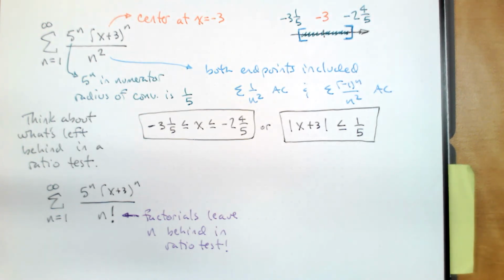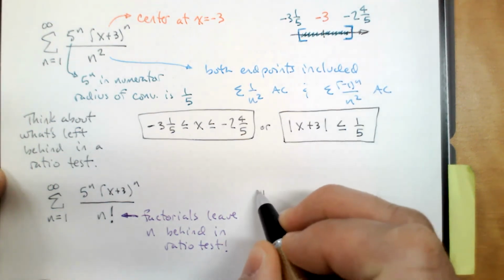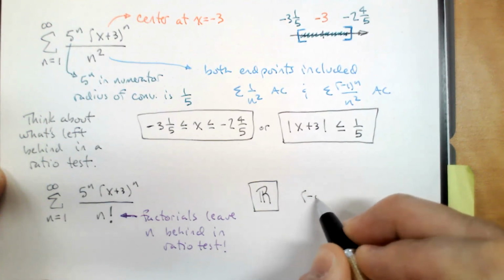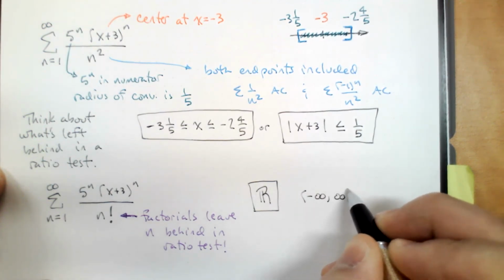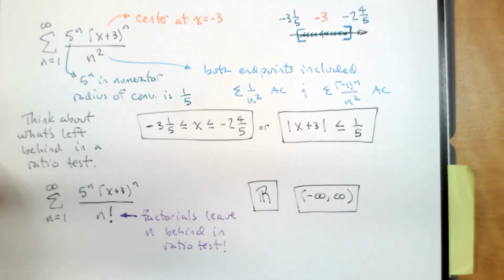All this exponential stuff on top, but then we look in the denominator to see that n factorial, and n factorial wins. This power series always converges.